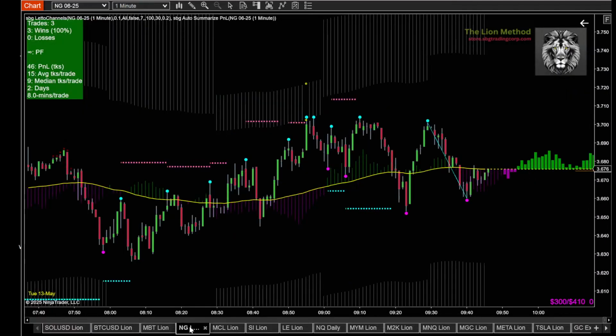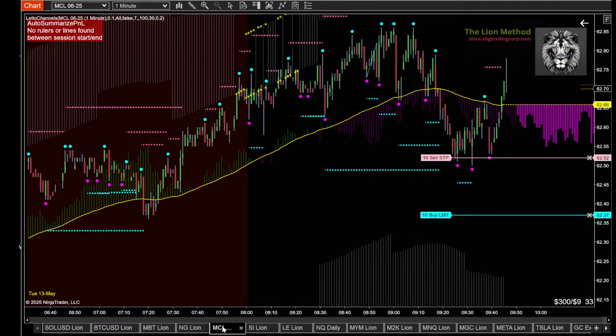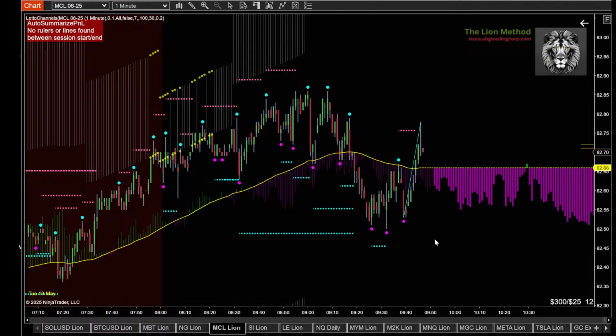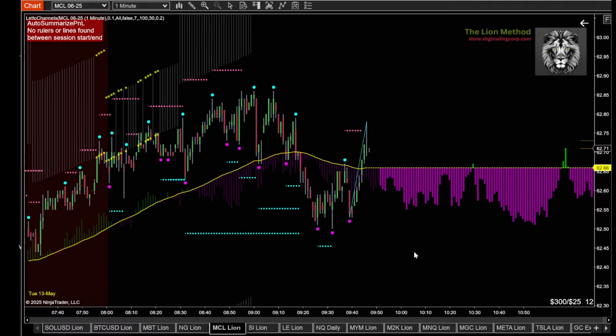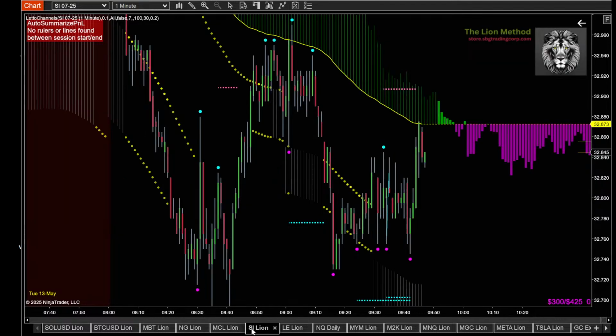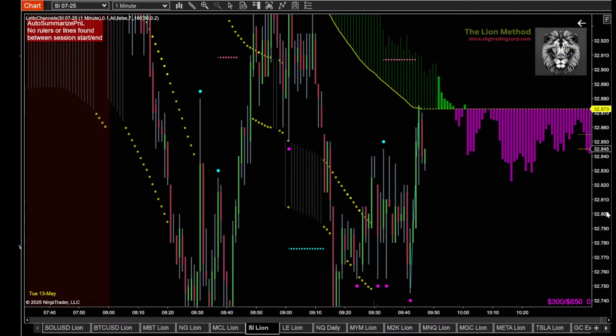Yep, still a whole bunch of nothing. Let's cancel the crude short. It has moved above the 100. Big risk.